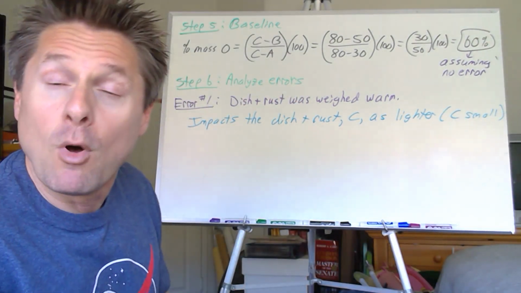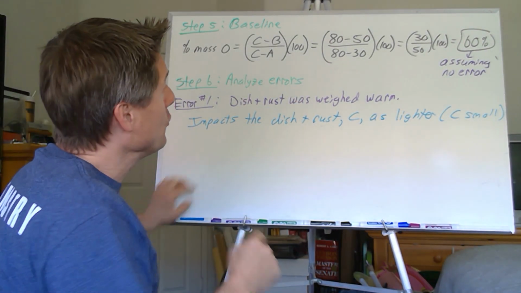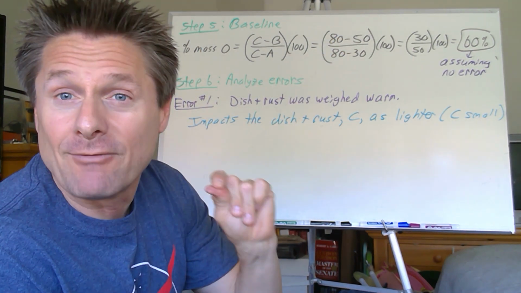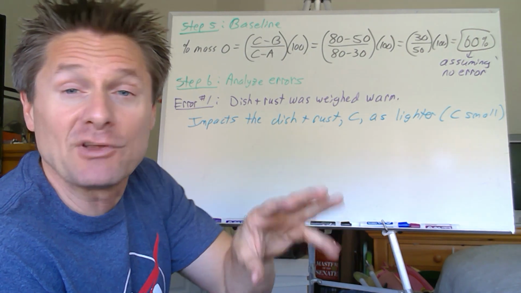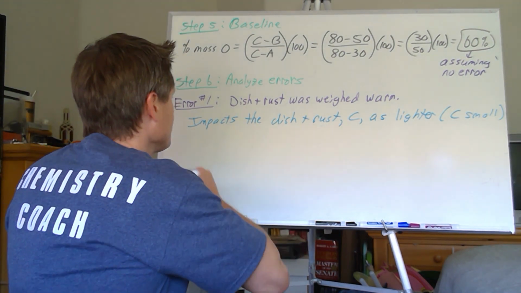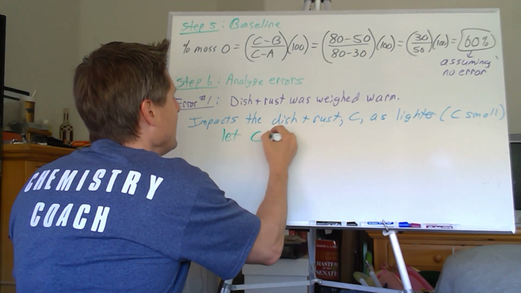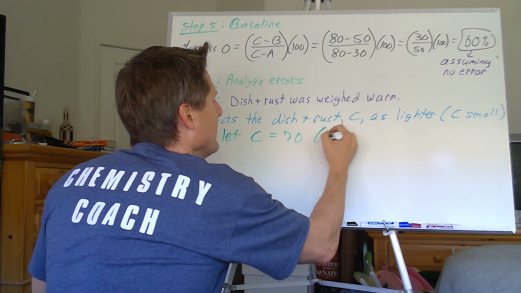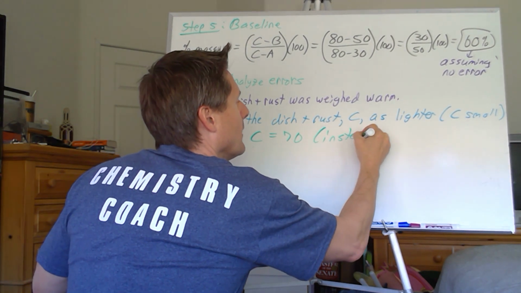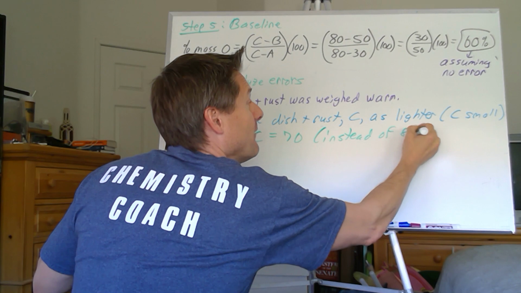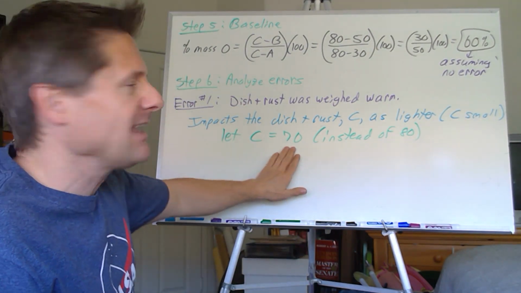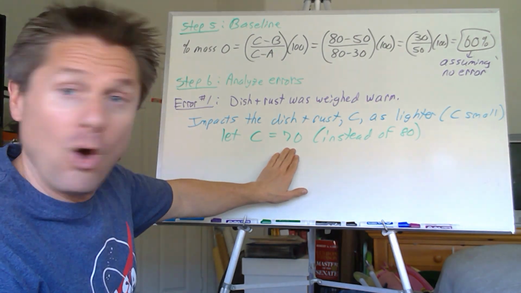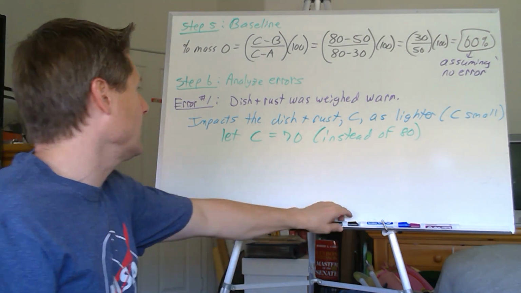So C is going to be smaller than it should be. So we normally said it was 80, right? The dish plus the rust we assigned is 80. So let's let C equal 70 instead of 80. 80 was if we let it cool to room temperature. But let's say we were in a rush and we weighed it warm. Uh-oh, it's 70 now. Let's recalculate.